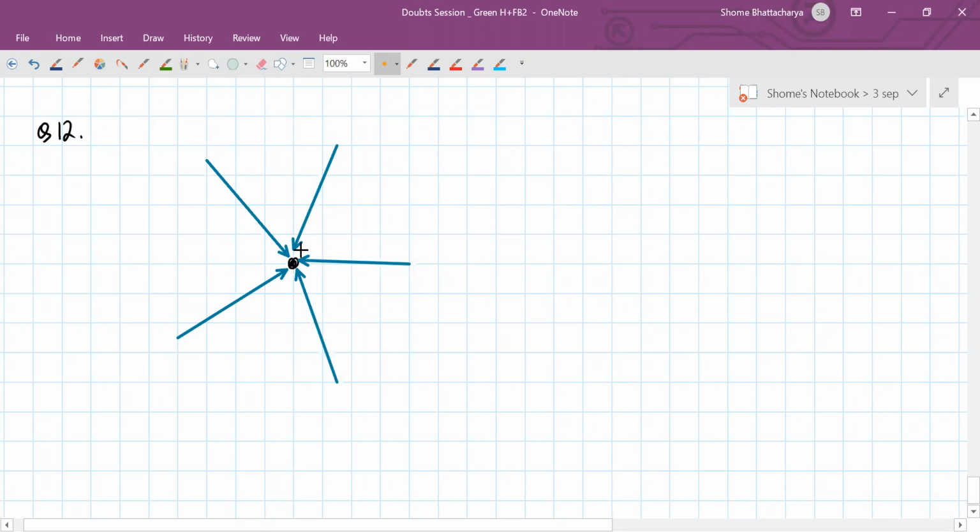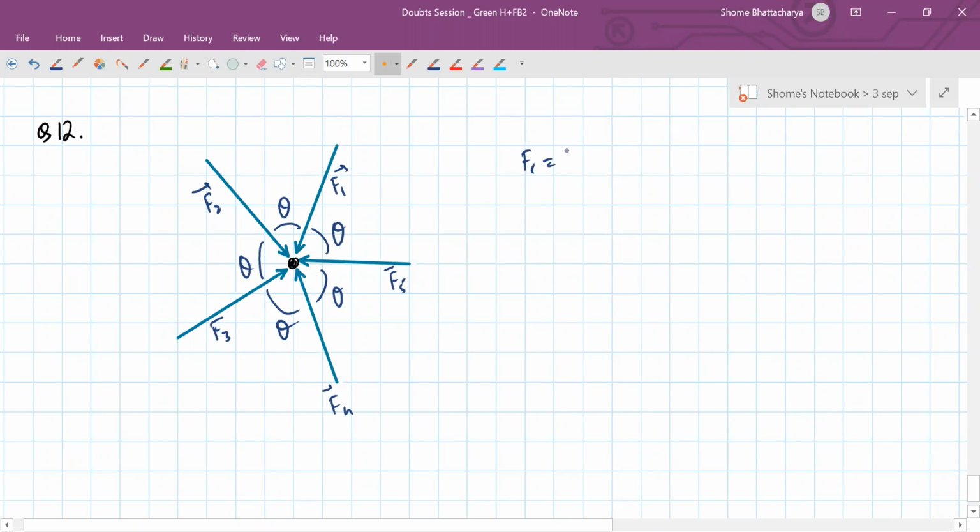So five forces in all, such that the angles between any two forces are the same. So this angle has to be equal to this angle, has to be equal to this angle. These five angles have to be the same, and the forces are labeled F1, F2, up to F5, and all of them are equal.